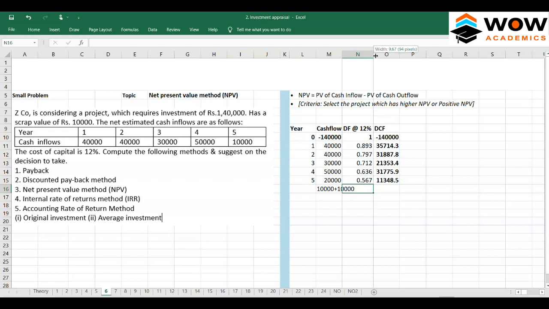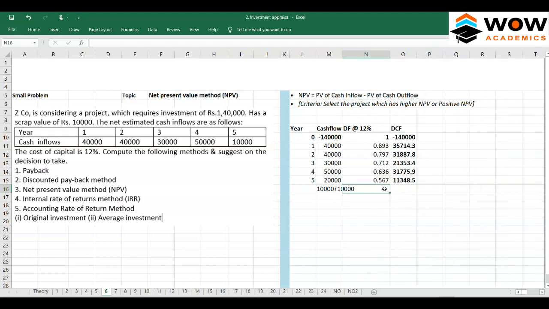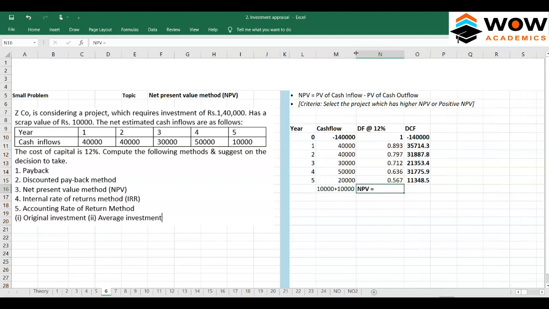Now what we'll do, we'll get the NPV. So our NPV would be a negative 7920.